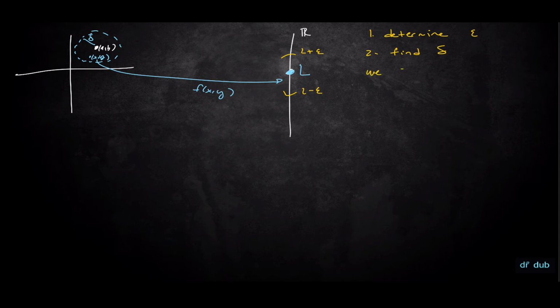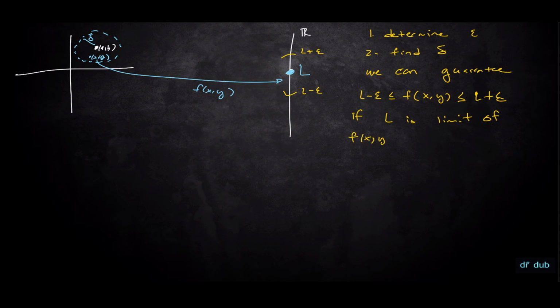We can guarantee that L minus epsilon will be less than or equal to f of x, y, less than or equal to L plus epsilon, if L is the limit, or a limit, but it's unique. If L is the limit of f of x, y at the point a, b.